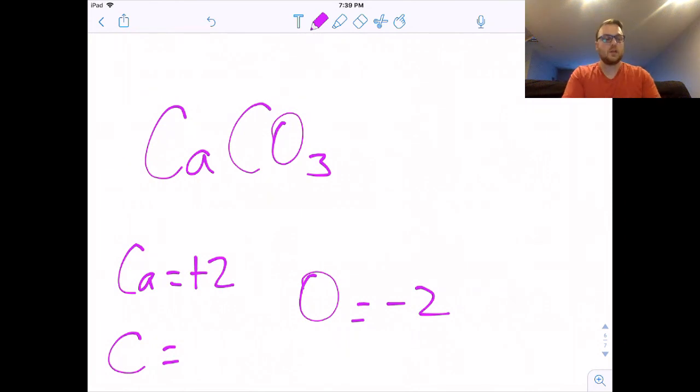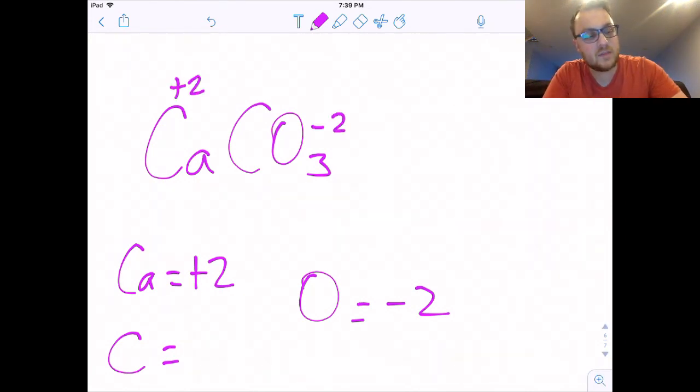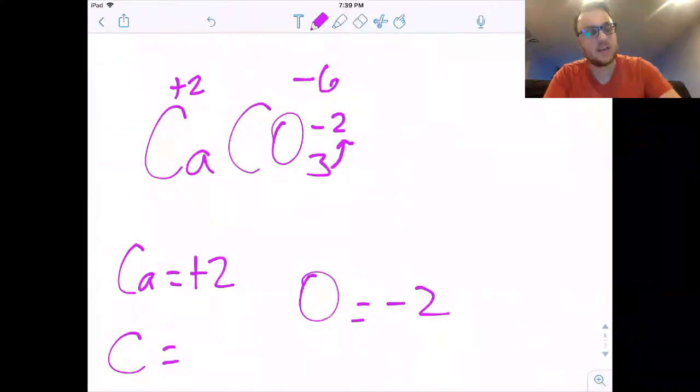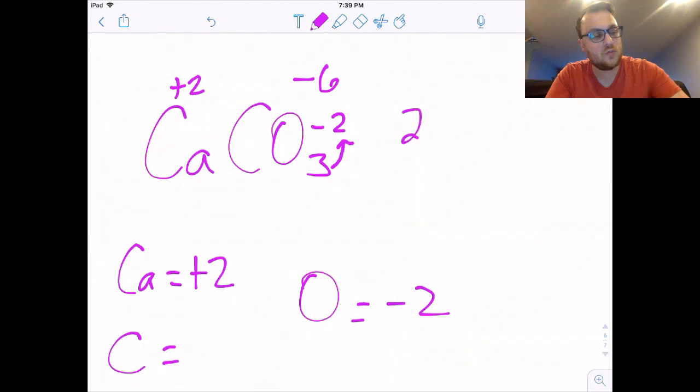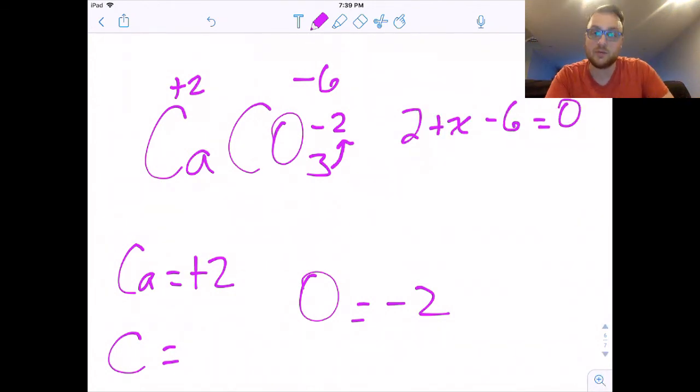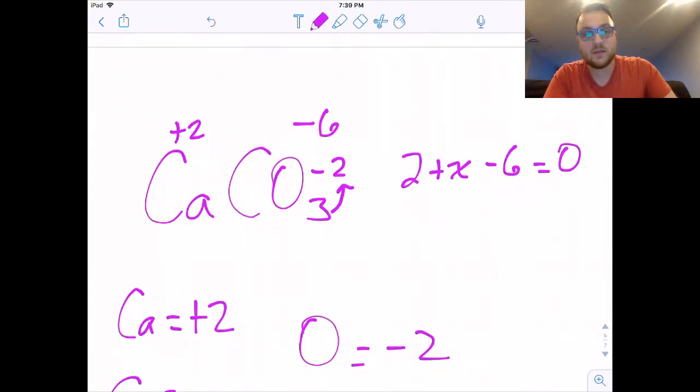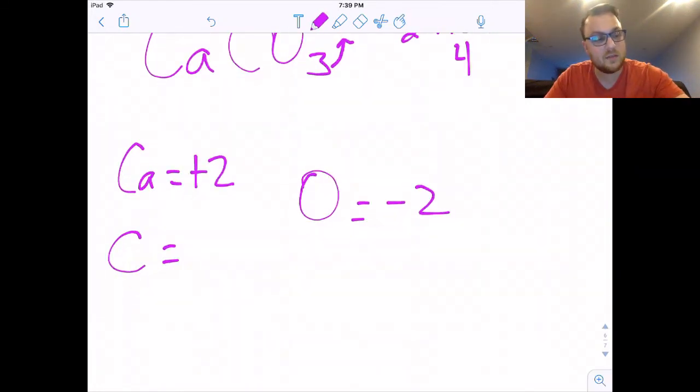My oxygen is -2, but there are 3 of them to make -6. So I have 2 plus something -6 equals 0. What could x be? Well, again, doing some math in my head, 2 plus 4 is 6, and 6 minus 6 is 0. So my x, my carbon, must be charged +4.